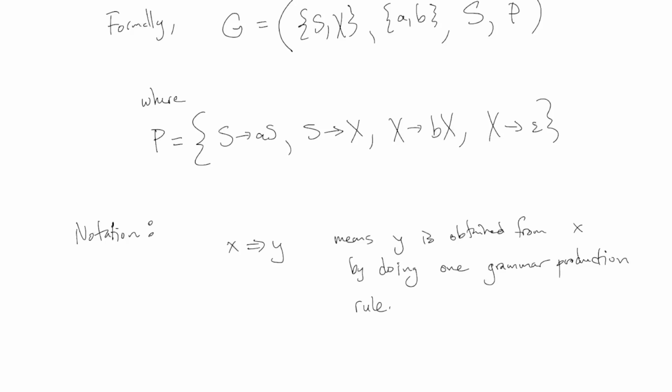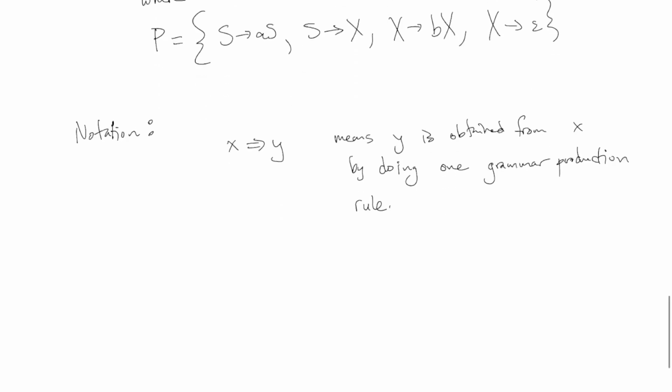What if I want to say X can turn into Y after perhaps many steps? The cute way of writing that is like this. Arrow star. As always in this class, the star indicates iteration or repetition.